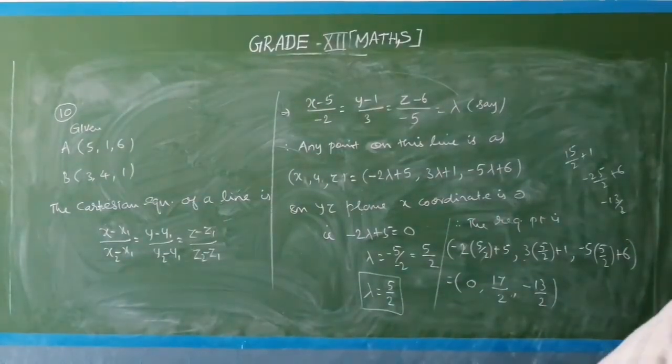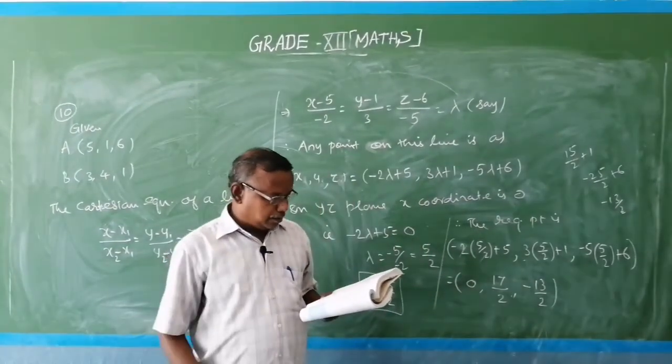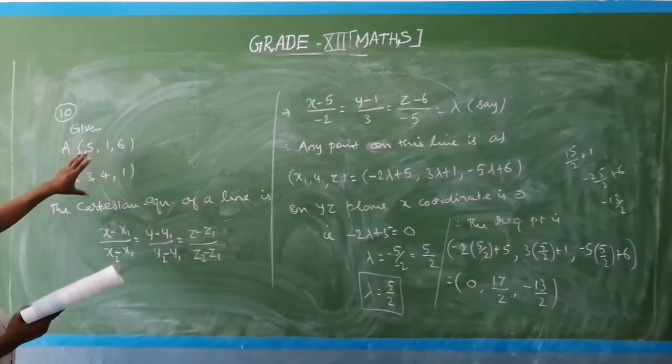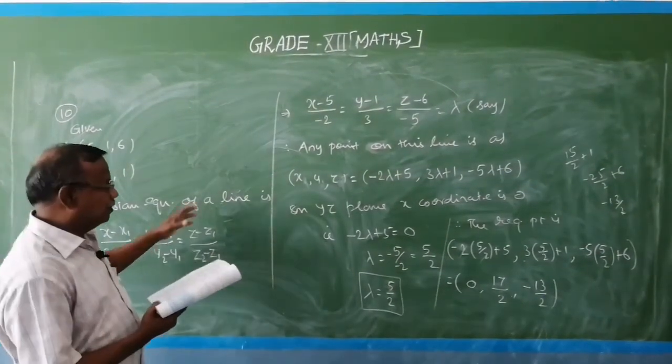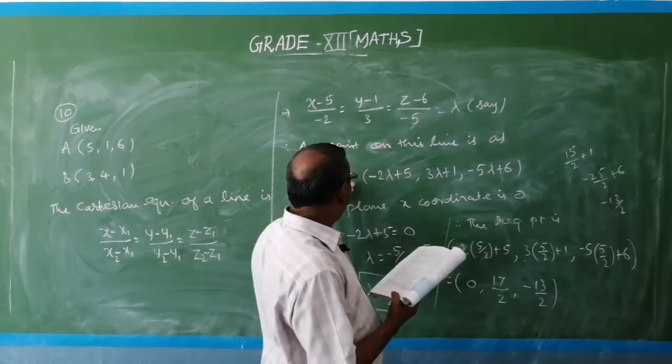The same way we can solve problem number 11. Here also you just write the given points, form the equation of the line passing through the two given points, and find the point.